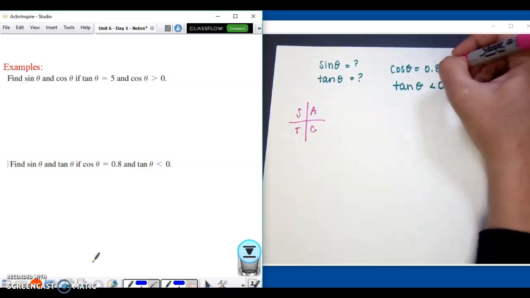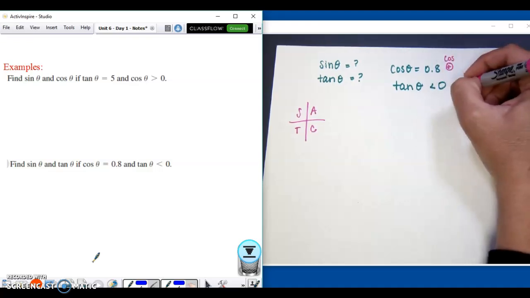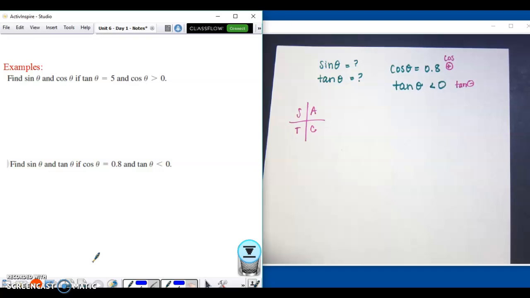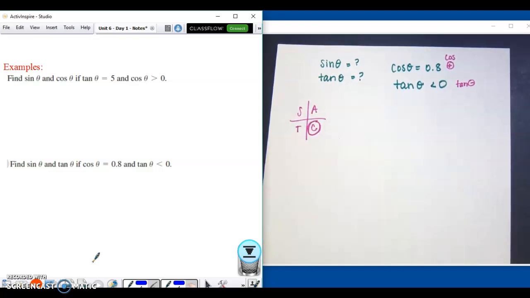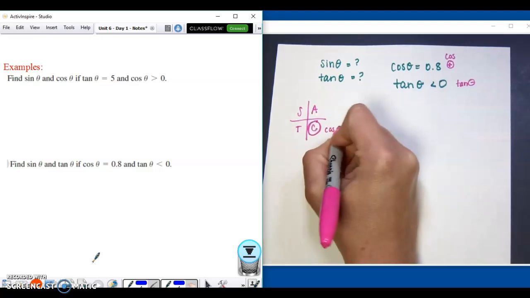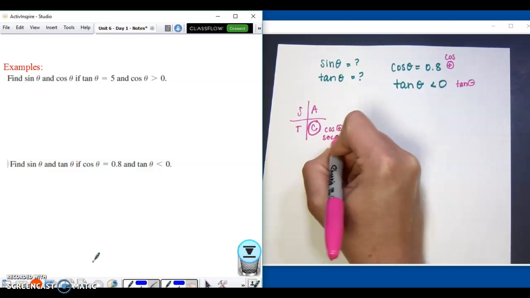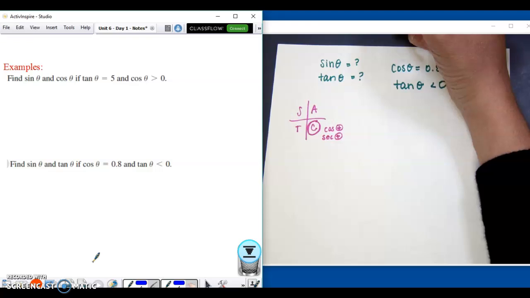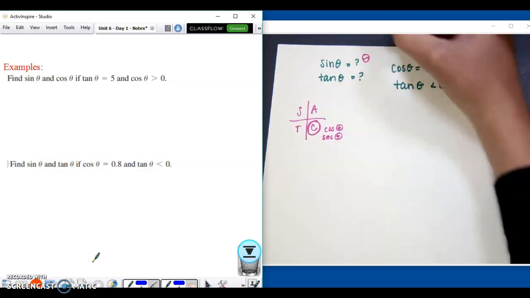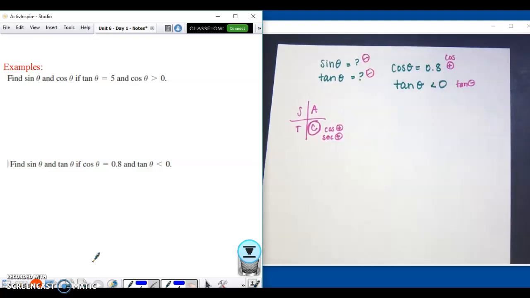Okay, we know that cosine is positive, but we know that tangent is negative. So because cosine is the only one that's positive, we know we're going to be in this fourth quadrant here. So the only two trig functions that are going to be positive are cosine and its reciprocal secant. Everything else is going to be negative.